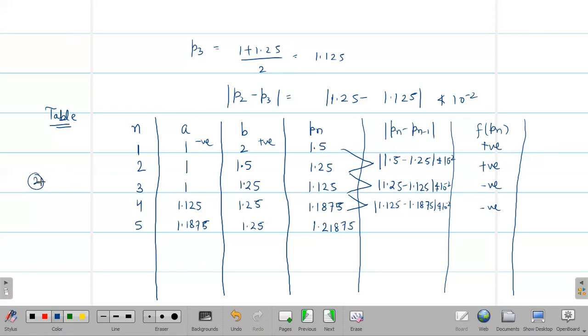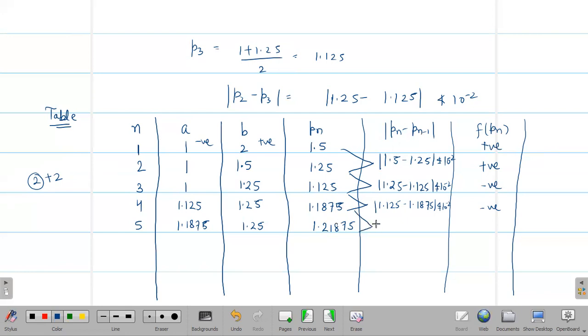If you want the accuracy at least up to 2 decimal places, then 2 plus 2 will be enough if you are taking 4 decimals in your calculation. You can round it up, or otherwise you can take the full value if it is 4 or 5 decimal places.